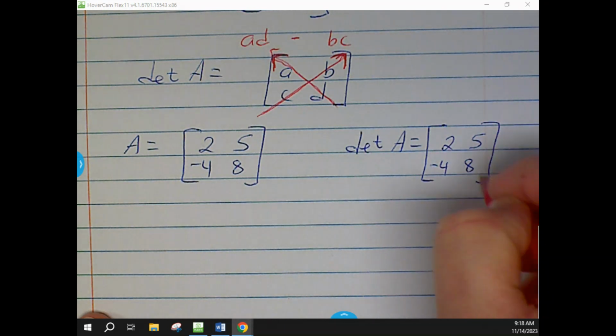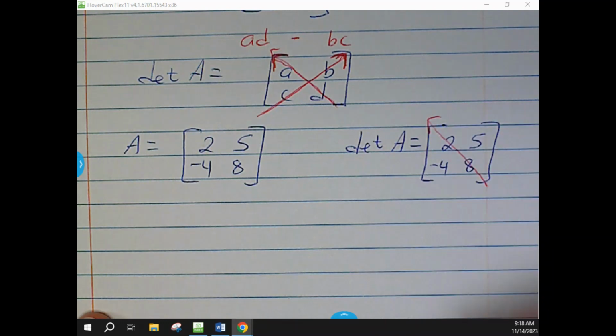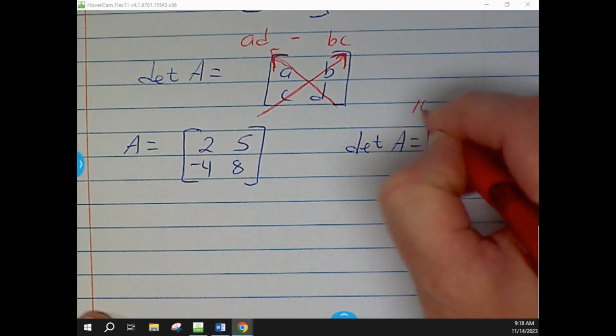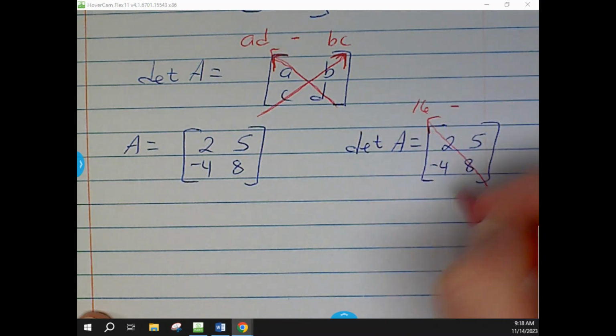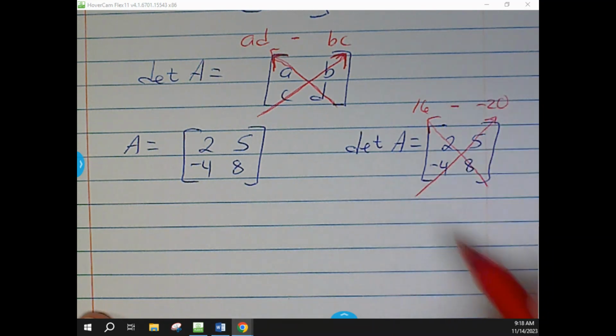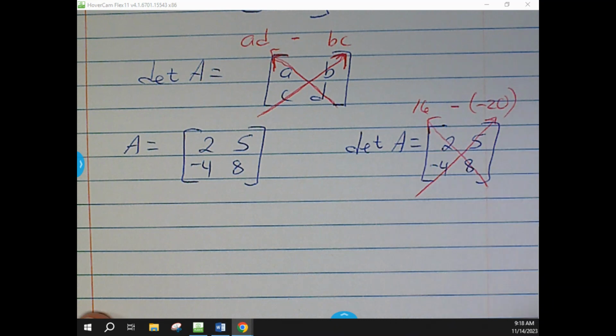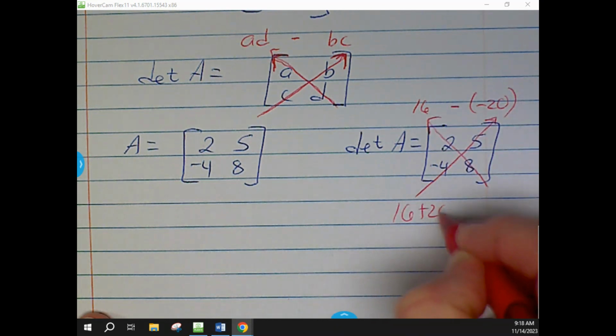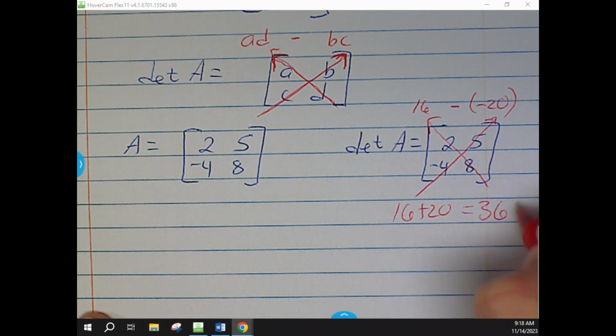We're going to do 8 times 2, which is 16, and then minus negative 4 times 5, which is negative 20. So you've got 16 minus negative 20, which is really 16 plus 20. So then your determinant is 36.